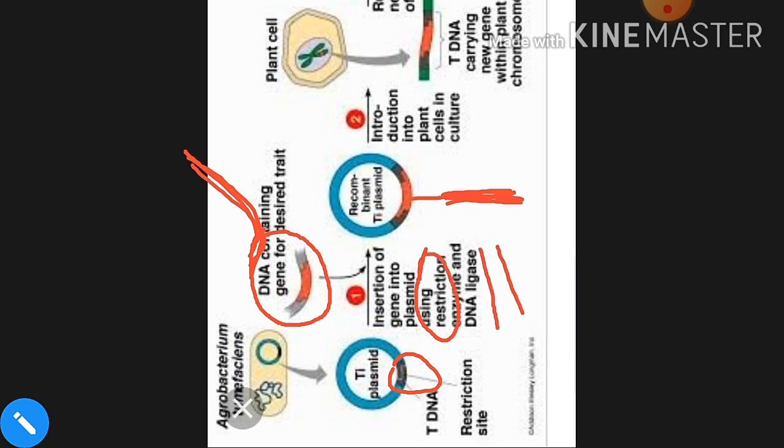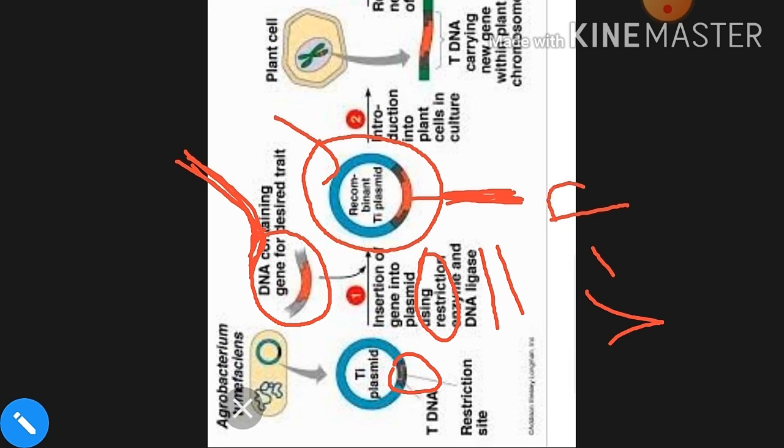These both enzymes are used for making the recombinant TI plasmid. Okay, must remember, when the desired DNA or foreign DNA is ligated into the plasmid, the new structure that is formed is called the recombinant plasmid or recombinant DNA. Plasmid is also a DNA, so this is called the recombinant plasmid.